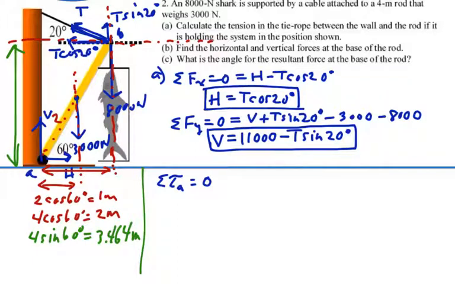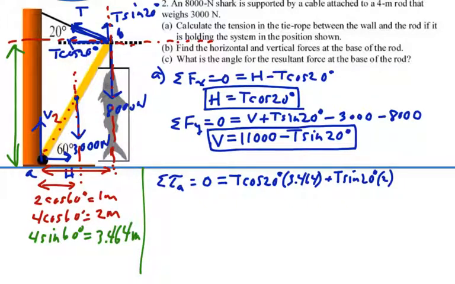So if we continue this, we have a positive torque from the T cosine 20. So I have T cosine 20 times its moment arm, 3.464. We have another positive torque from the T sine 20, moment arm of 2. And then we have two negative torques.